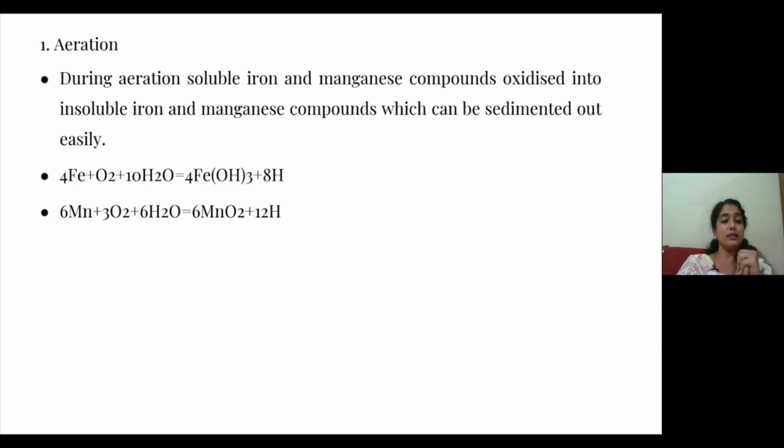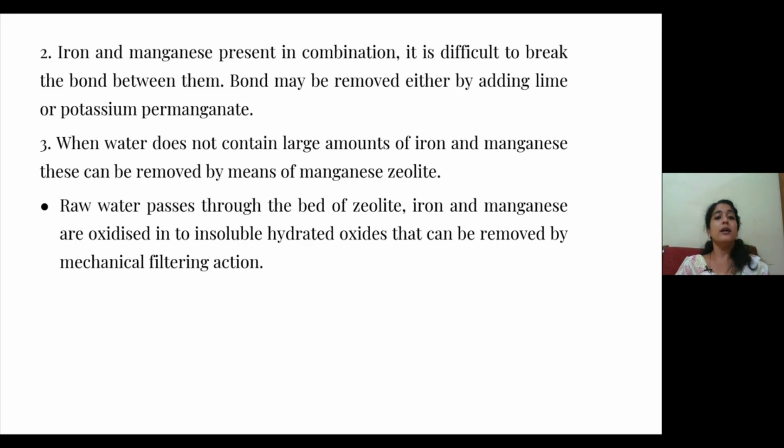The equation is 4Fe plus O2 plus 10H2O gives 4Fe(OH)3 plus 8H. For manganese it is 6Mn plus 3O2 plus 6H2O gives 6MnO2 plus 12H.